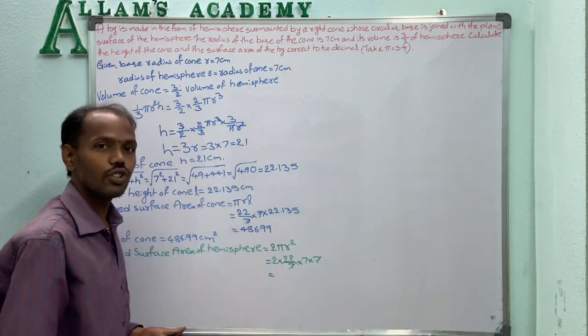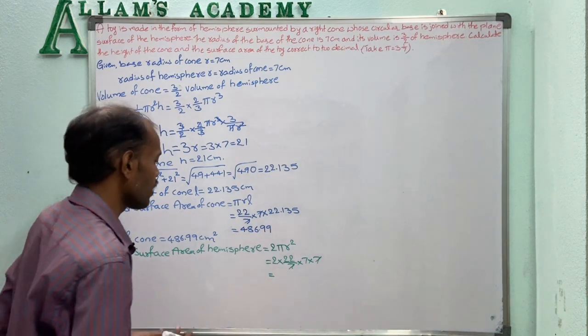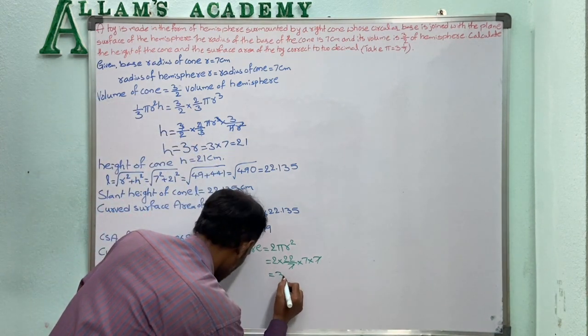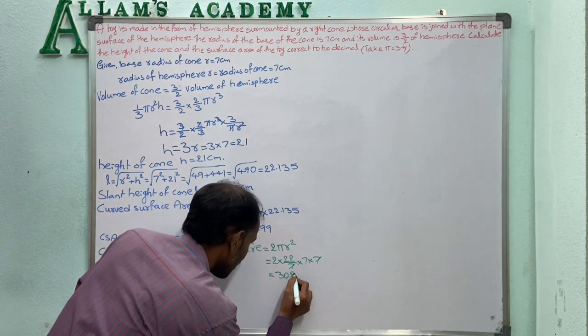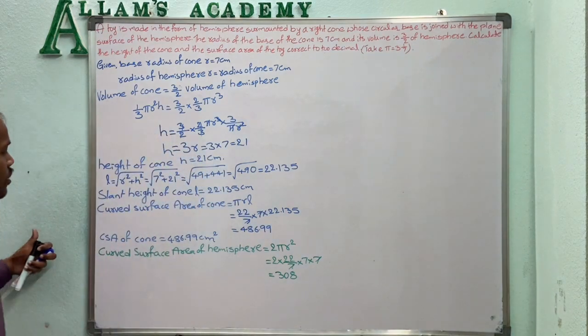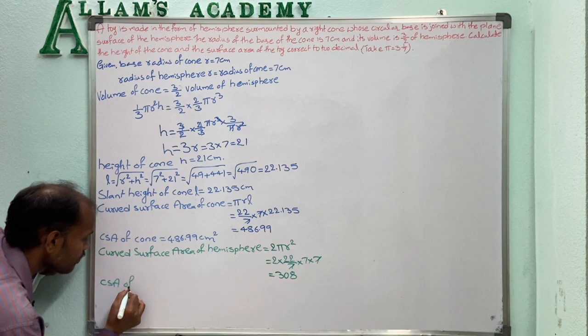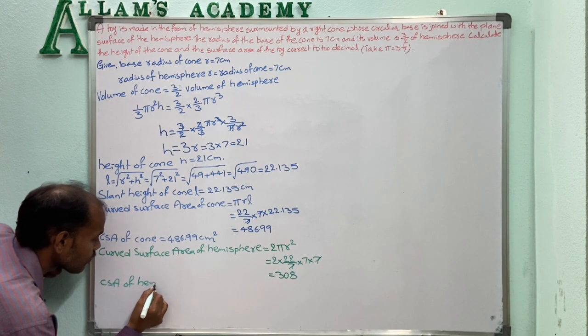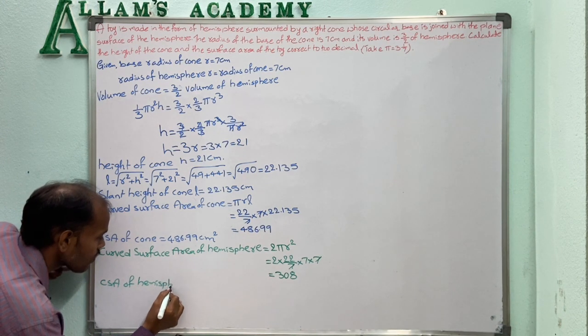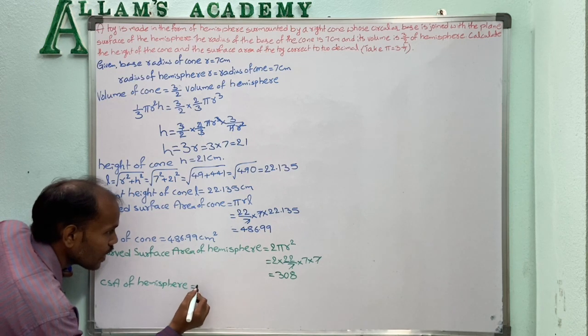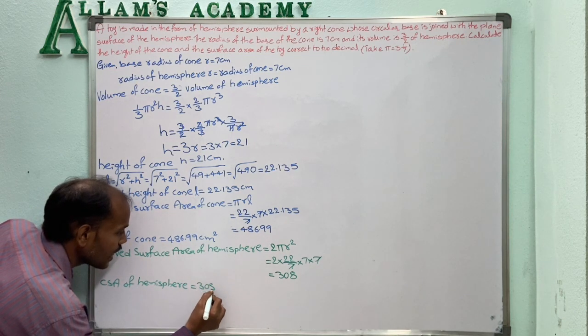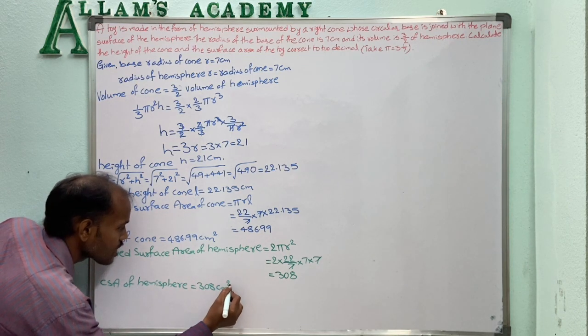So 2 into 22 into 7 is nothing but 308. So the curved surface area of the hemisphere equals 308 centimeter square.